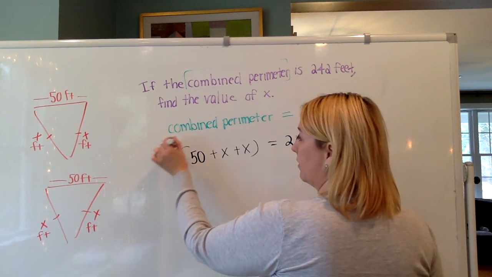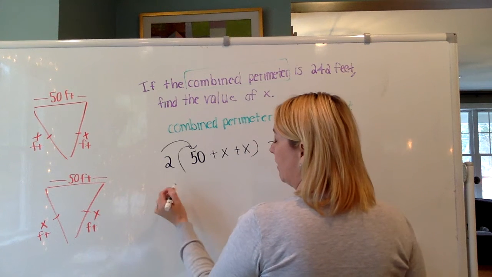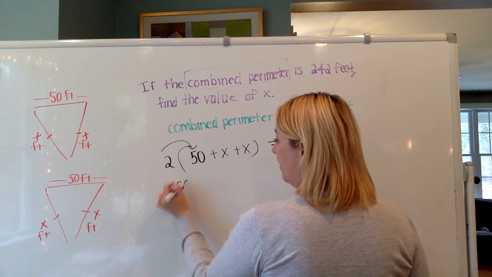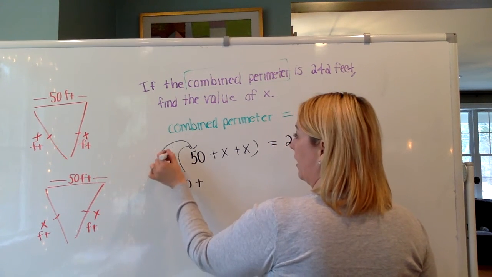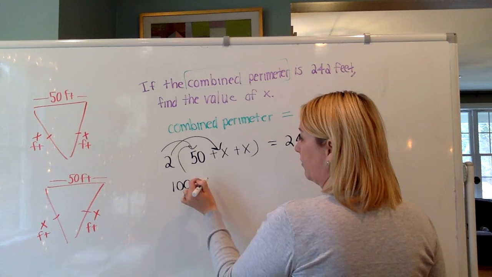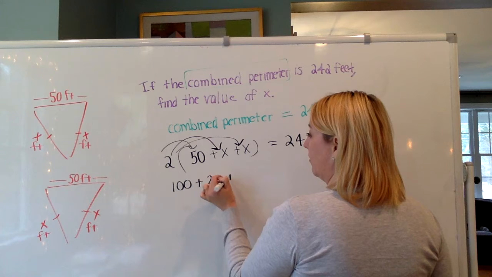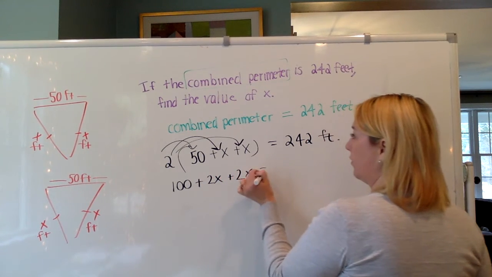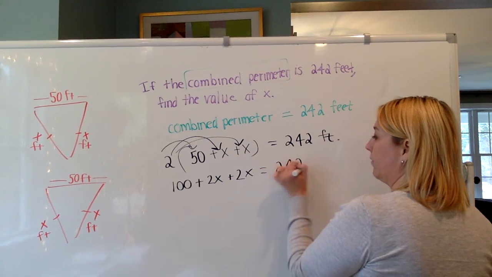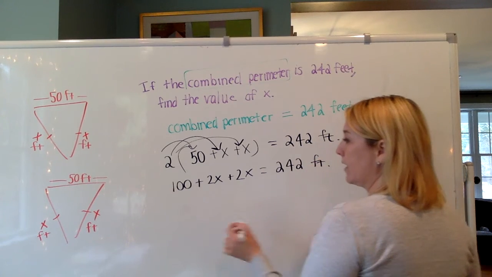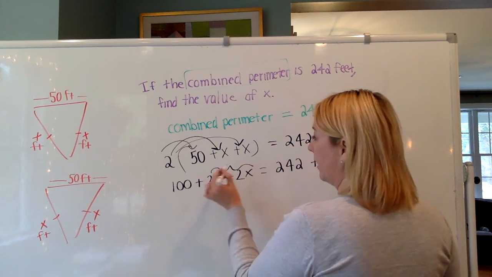So now I need to distribute. I've got 2 times 50, which is 100, plus 2 times x, so 2x, plus 2 times another x, plus 2x, equals 242 feet.